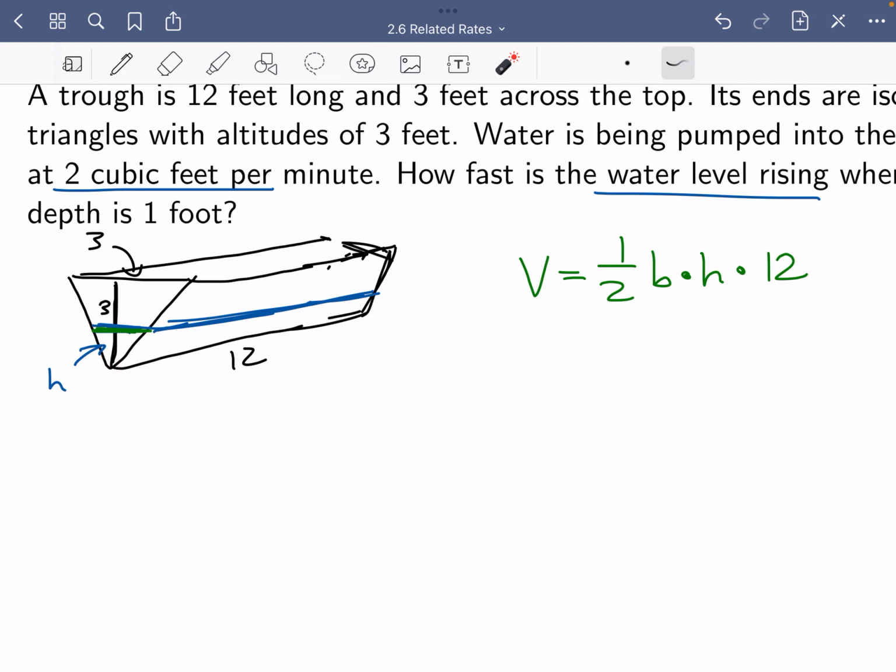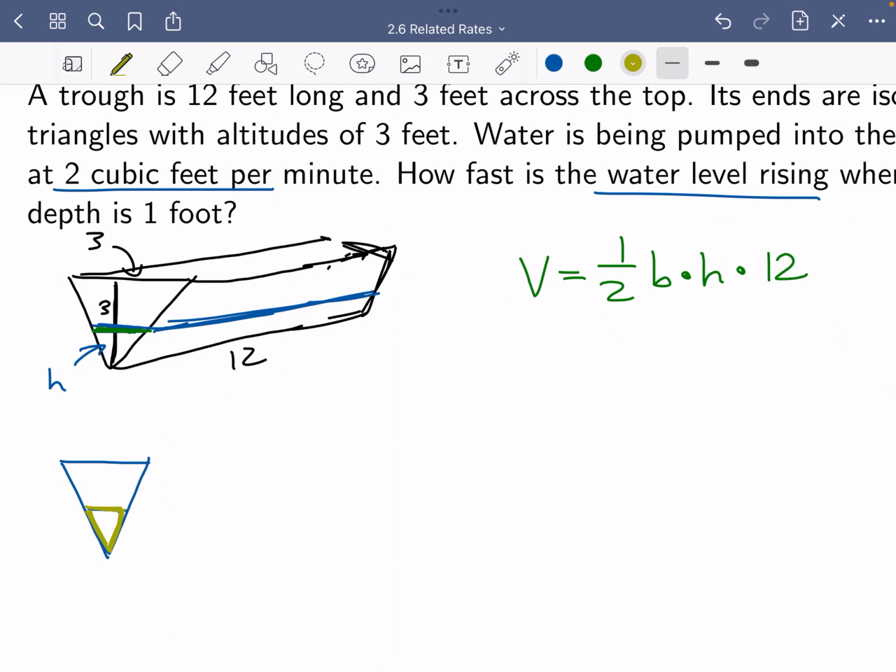All right, so let's think about the end of that trough. So you have this triangle. You also have this triangle. How are these triangles related to each other? Oh, they're similar triangles.